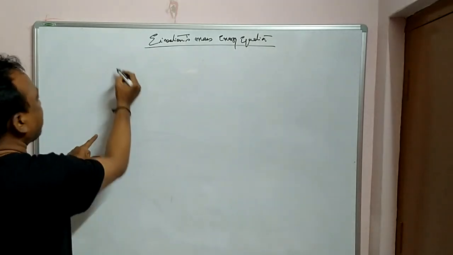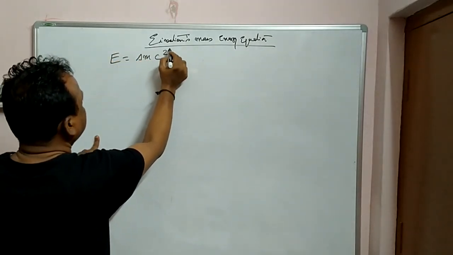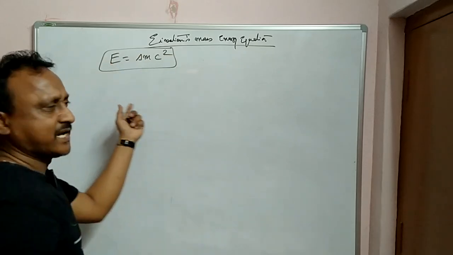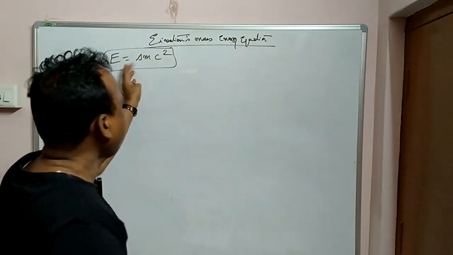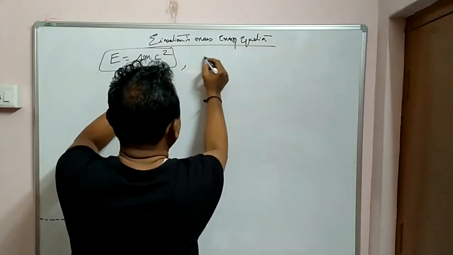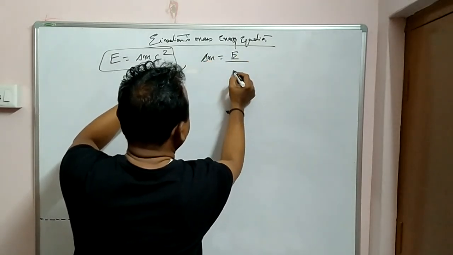Albert Einstein already proved E is equal to mc square. So according to him, energy can be converted into mass, and mass can be converted into energy. Or this equation I can also write in this fashion: delta m is equal to E by c square.